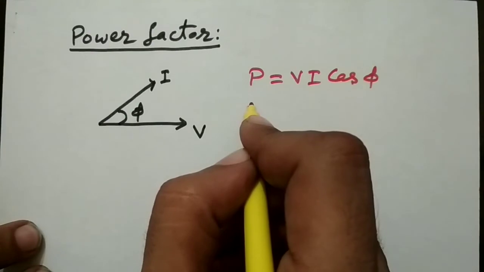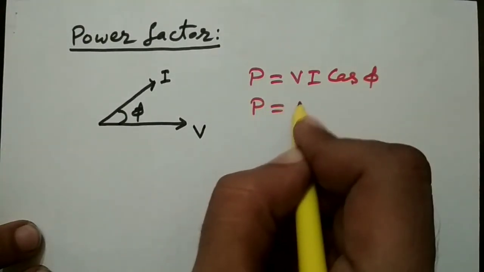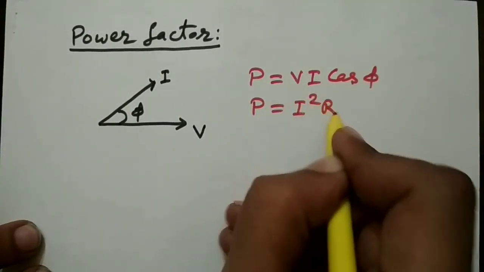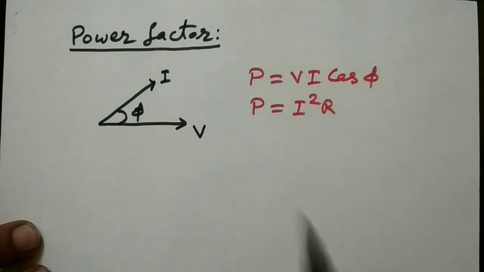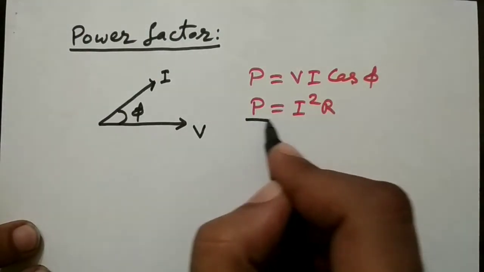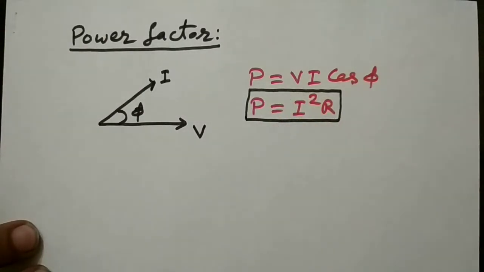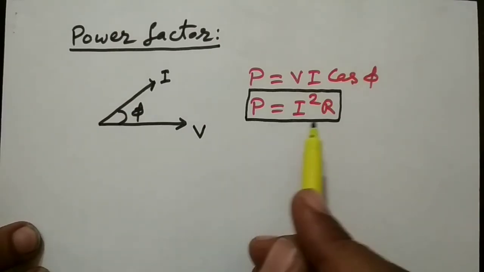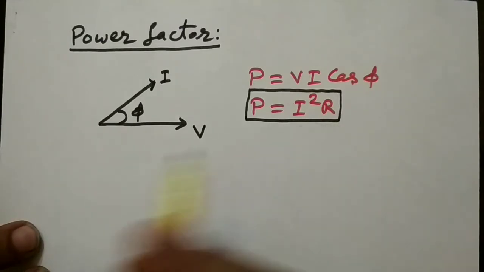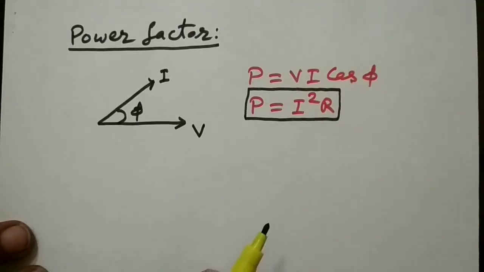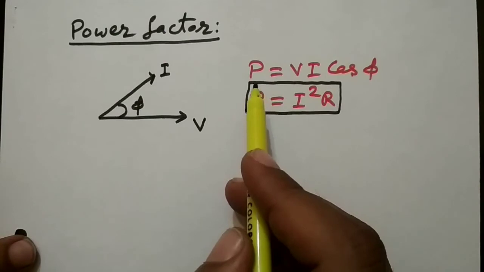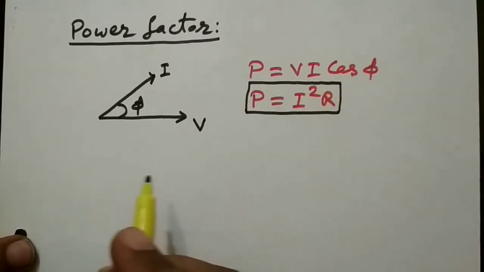Remember one thing, the active power can also be represented by the formula I square R, and this formula is applicable for any type of circuit, whether it is an RL series circuit or an RC series circuit. Later we'll discuss the RLC series circuit as well as the parallel circuit. In all the cases this formula is applicable to find the active power. But now we are considering the active power as VI cos phi.